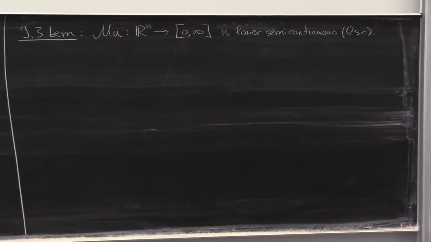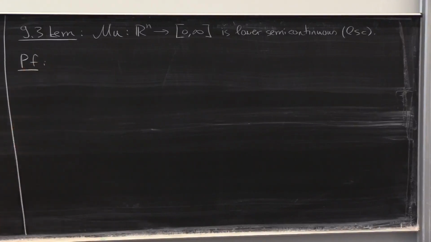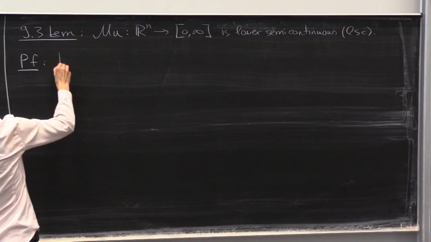So what does that mean? You guys remember what lower semi-continuity is? I'll be fair, I'm going to recall it in the proof. We also recall it in the lecture notes. Okay, so lower semi-continuity means the following thing.